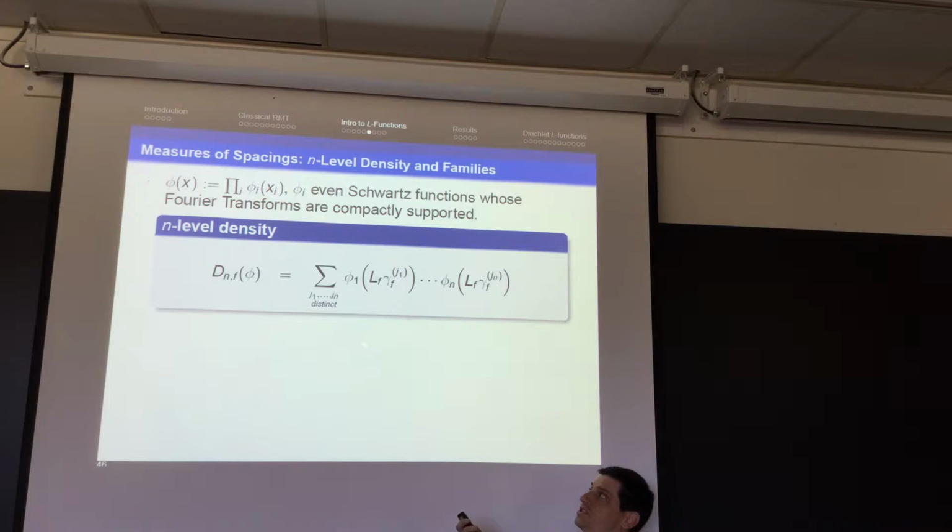One of the things you might notice is the subscript here is I'm summing over distinct indices. So really what we want is j_i is not plus or minus j_k. This is what leads to a really nice combinatorial expression, and that gets you the determinant expansions that Katz-Sarnak get.